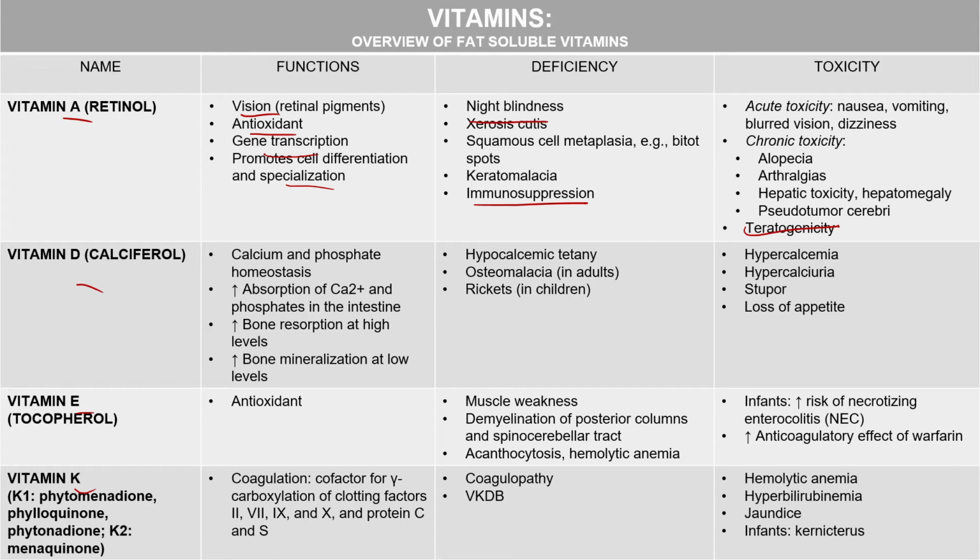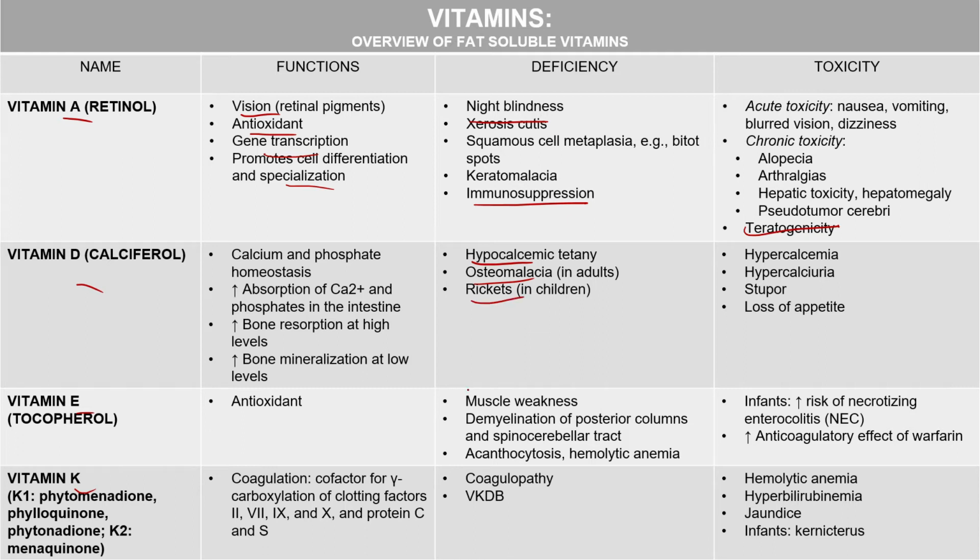So we can think about what happens if we do not have enough vitamin D in our body. We've got hypocalcemic tetany. We've got osteomalacia in adults, and if our patient is a child, rickets.